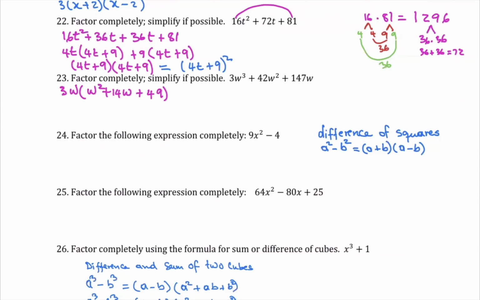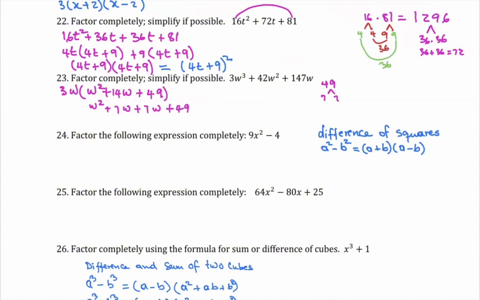Okay. So now what we can do is keep the 3W for the final step, and then multiply 1 and 49. That is 49, 7 and 7. So that's going to be W squared plus 14W plus 49, but instead of 14W, I'm going to use 7W plus another 7W plus 49.